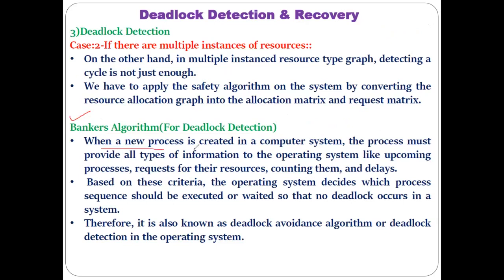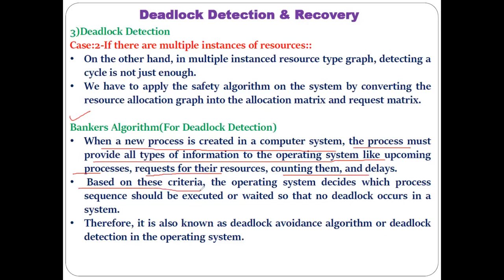So when a new process is created in the computer system, the process must provide all types of information to the operating system, like the upcoming process requests and how many resources will be required for that process. Understood?